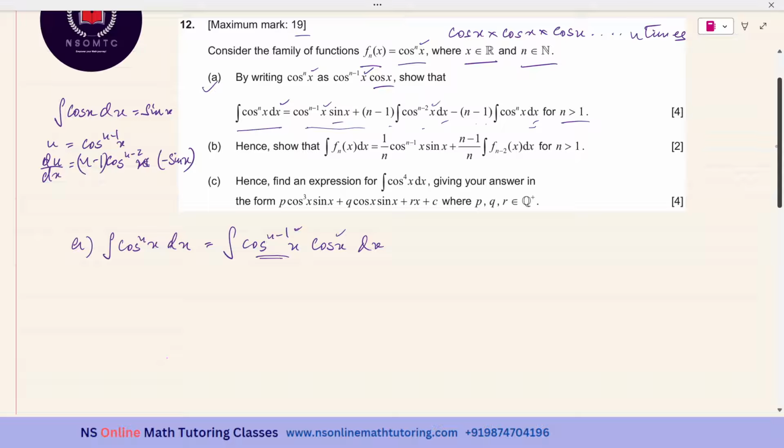Therefore, first of all, it will be u, so it is cos n minus 1 x, times the integral of the second function, which is sin x.